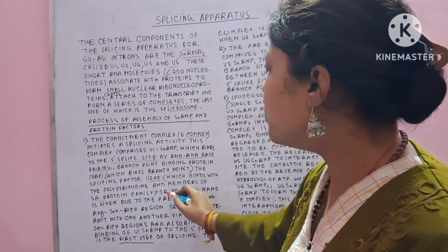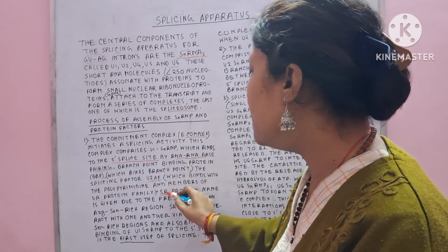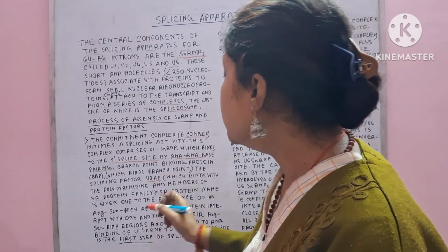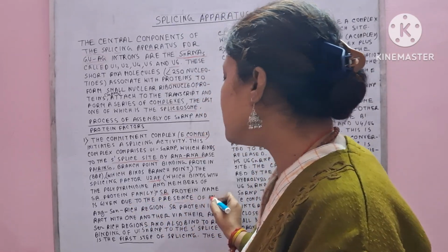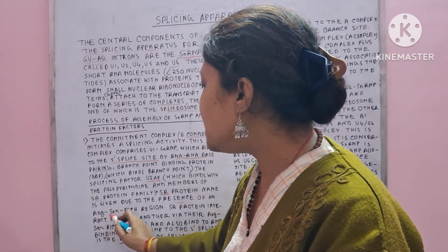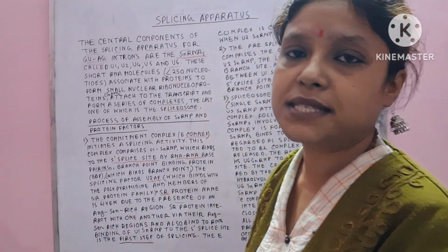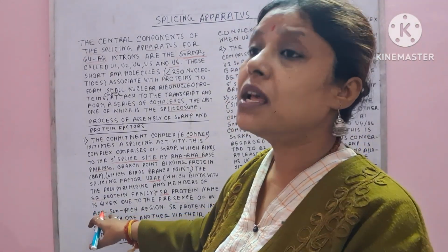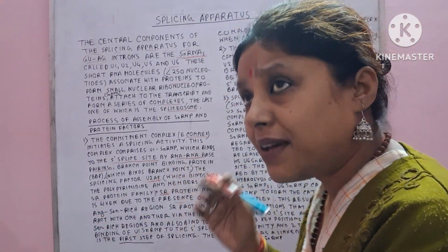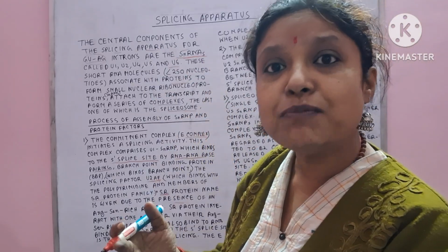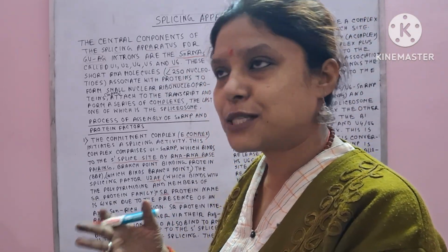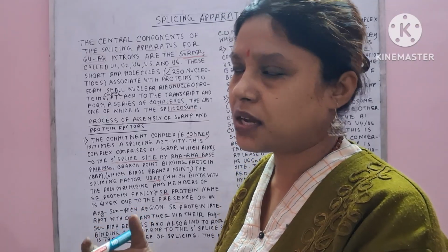And what are the SR proteins? The SR protein name is given due to the presence of ARG-ACR rich regions. I have already explained the names of different amino acids in my previous video about translation, so you can check out that video.